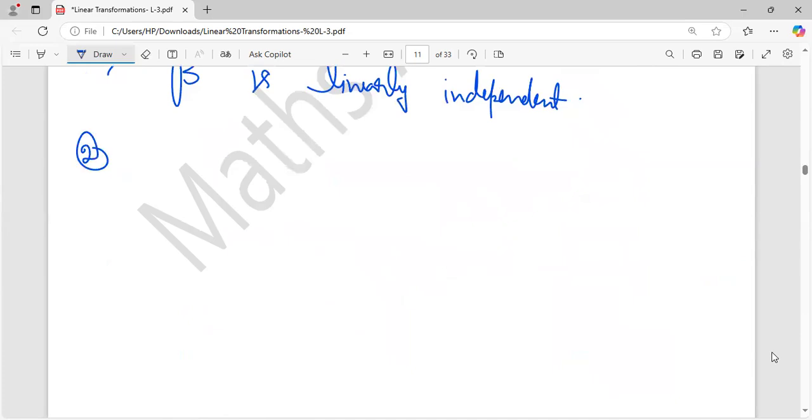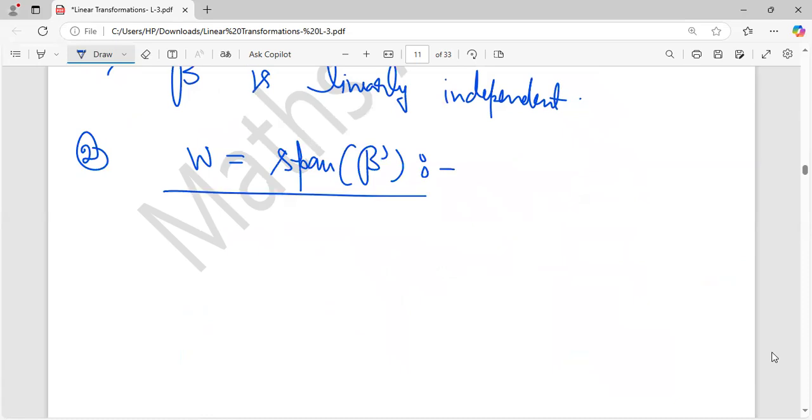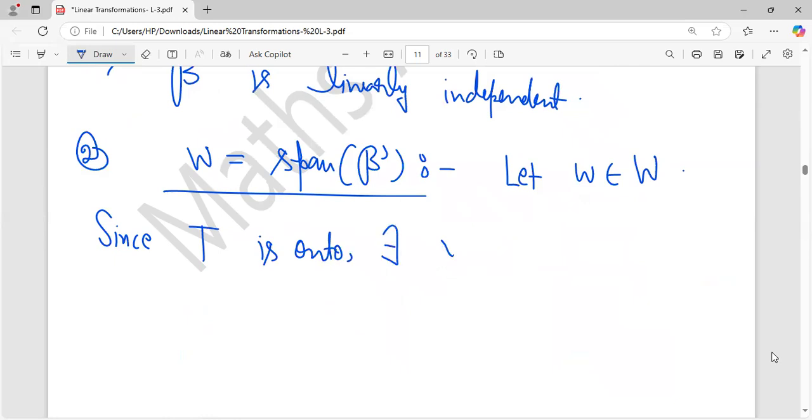Now second, W is the span of B dash. Let w belong to capital W. Since T is onto, there exists v belonging to V such that Tv is equal to w.